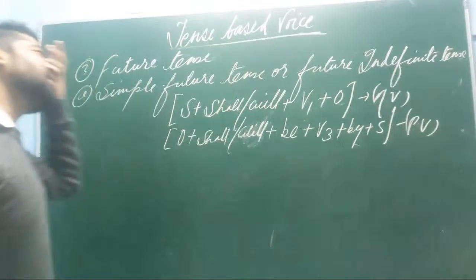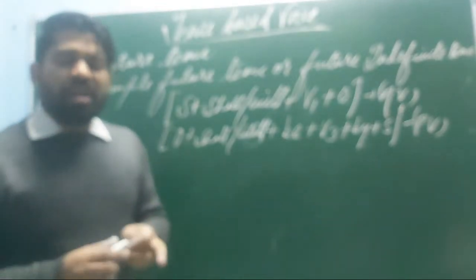All the sentences of the simple future tense will be converted from active to passive by following these two structures. After following these two structures, it will be quite easy for all of you to convert the sentences from one form to another without altering the sense. Why? Because in voice we say the same thing in both voices, whether active or passive.